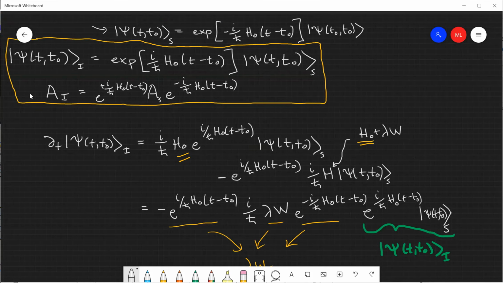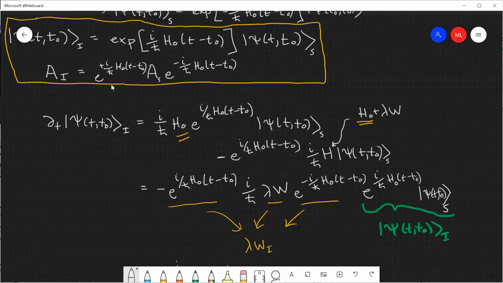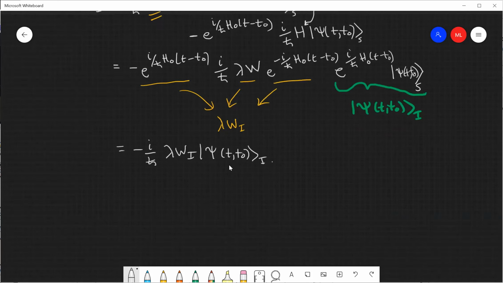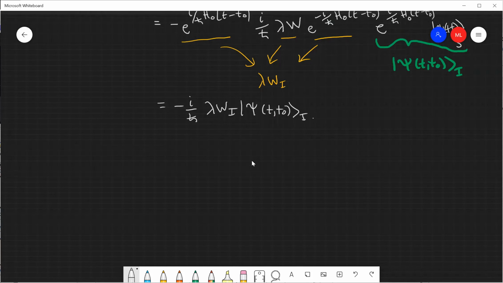In the Schrodinger picture, they'd be time independent. This would be like position, momentum, whatever. But in the interaction picture, they pick up a time dependence from these phases, and these unitaries out here. So you have to calculate what that is.